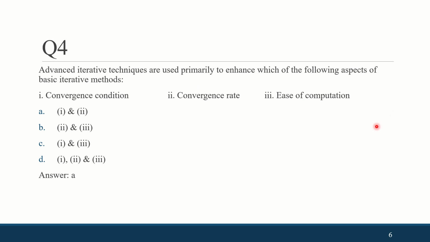Rather, the computation becomes complicated rather than easier. The options given are 1 and 2, 2 and 3, 1 and 3, or 1, 2 and 3. We know it to be 1 and 2. So the answer to the fourth problem is option A, that is 1 and 2.